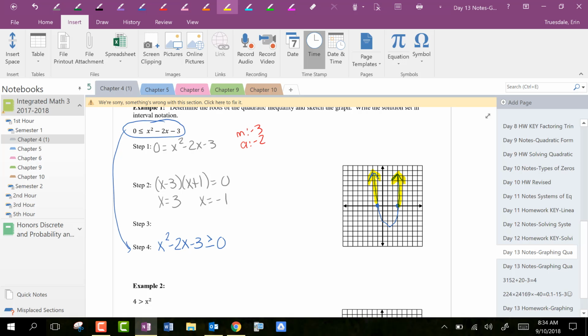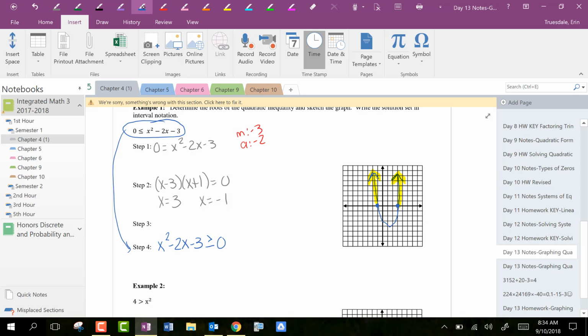Now I have to write what those solutions mean. Just like your intervals of increase and decrease, I need to describe the x values where this is happening.